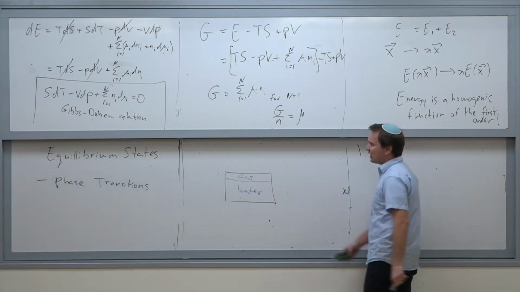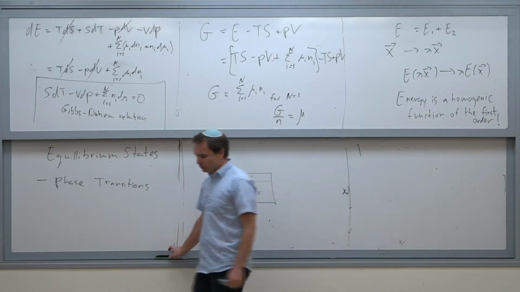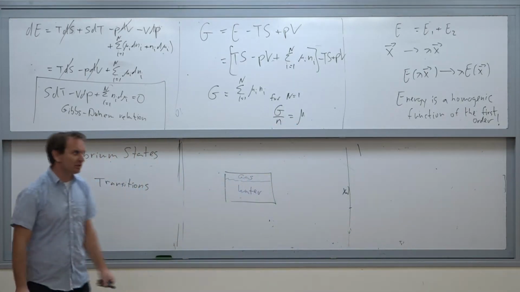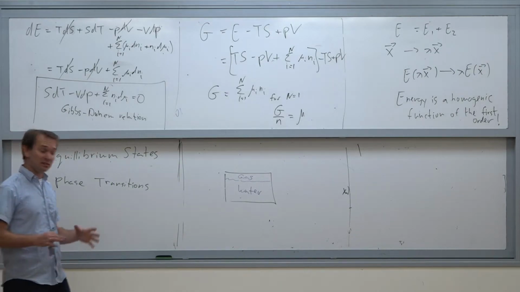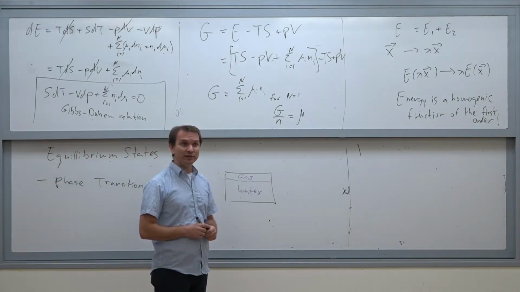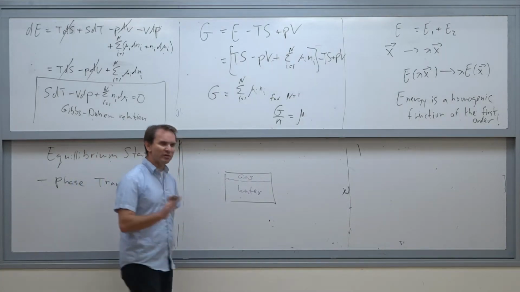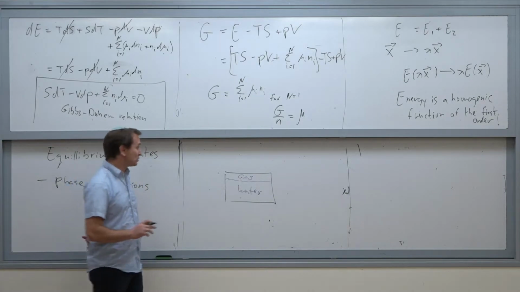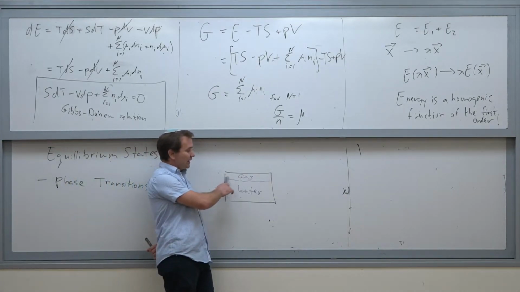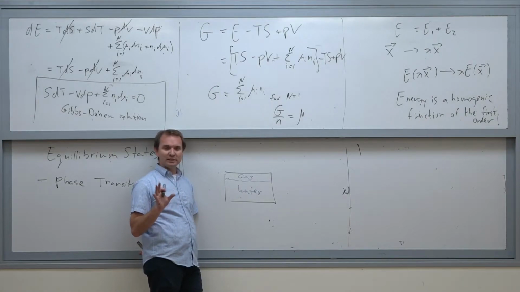So, in order to describe equilibrium states, I will need to use some assumptions. The first assumption, which I have already been using extensively so far, is the extensivity of energy. Think about where I'm actually going. I have a system, and in this system I have two states, or two phases of matter, that are in equilibrium with each other.